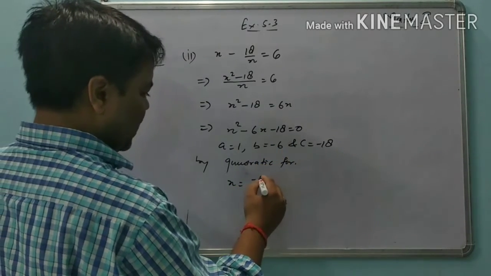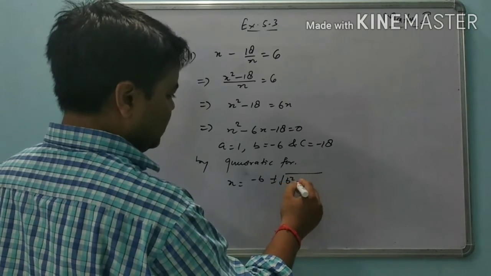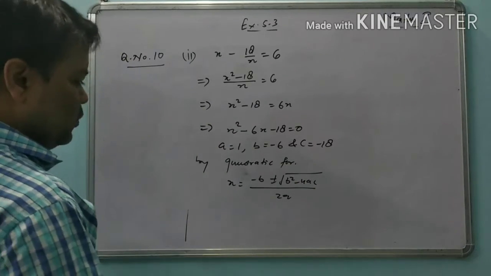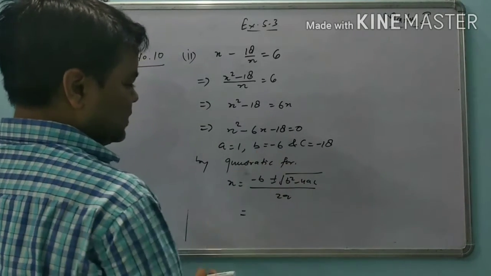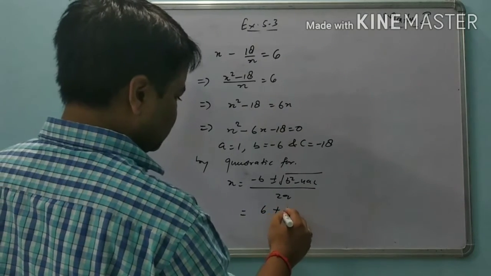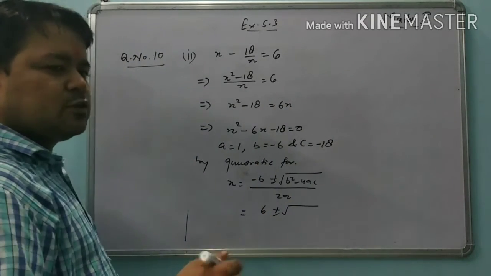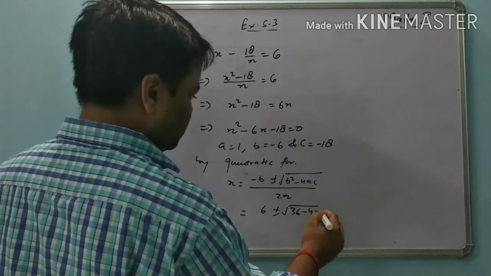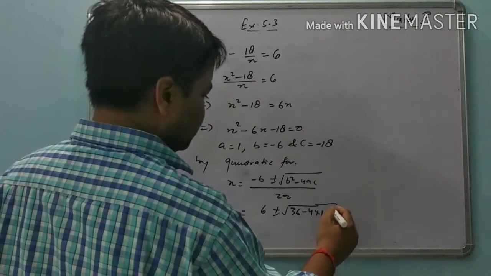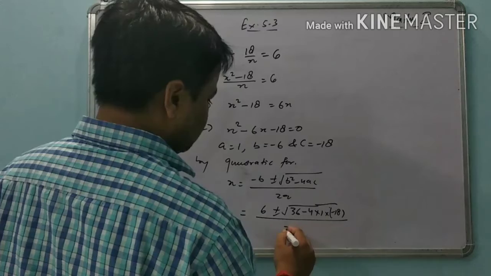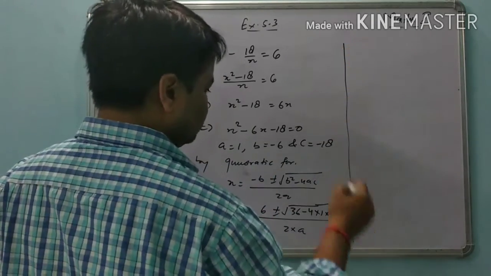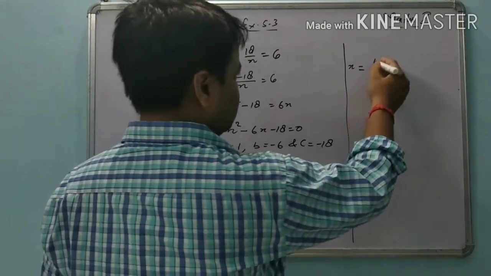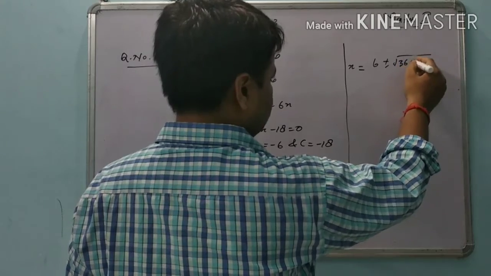We know that x is equal to minus b plus minus under root b square minus 4ac, by 2a. So the minus of minus 6 will be 6, plus minus under root of minus 6 whole square, that is 36, minus 4 times a, which is 1, times c, which is minus 18, by 2 into a. Then x is equal to 6 plus minus under root 36 plus what?